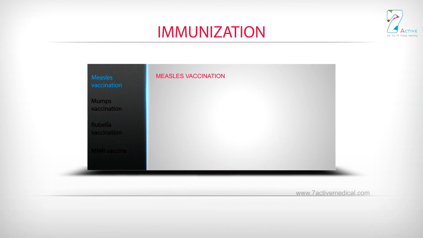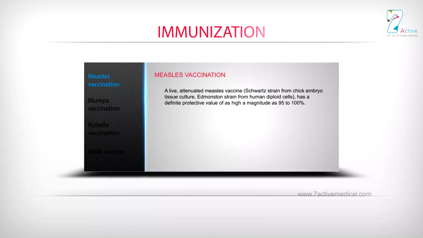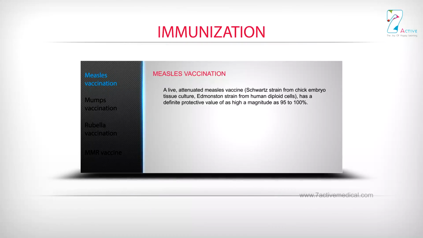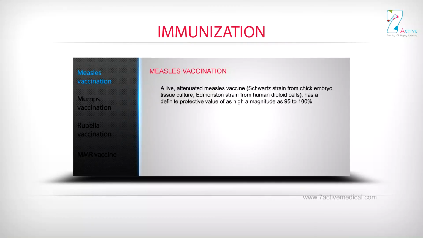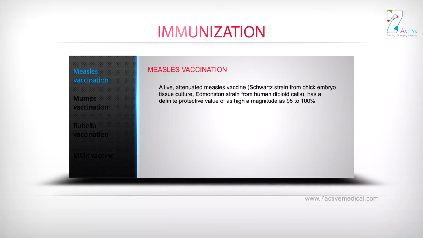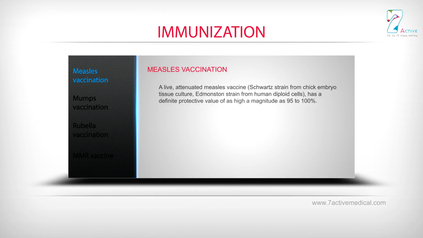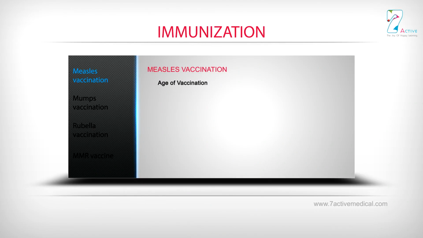Measles vaccination. A live attenuated measles vaccine, Schwartz strain from chick embryo tissue culture, Edmonston strain from human diploid cells, has a definite protective value of as high a magnitude as 95 to 100%. Age of vaccination.